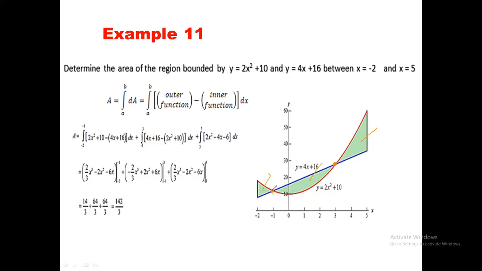As I have discussed with you a while ago, the y of the curve will be equal to the y of the line at their points of intersection. So you will just have to equate the 2 equations. The y of the curve, 2x squared plus 10, should be equal to the y of the line, 4x plus 16, at the point of intersection. So you solve for the x here.